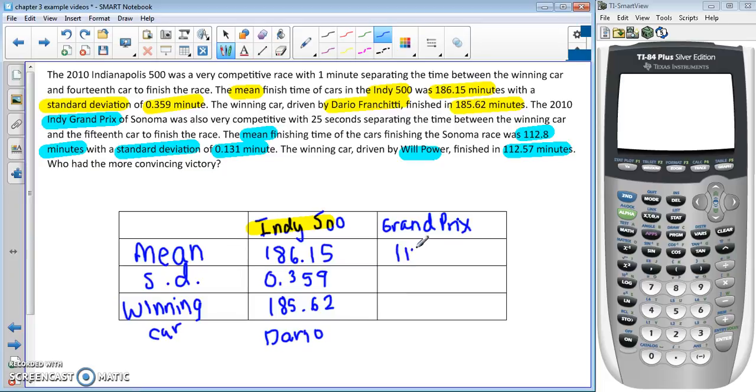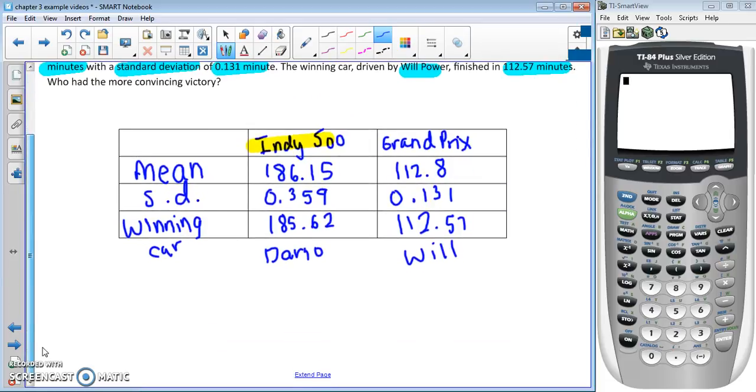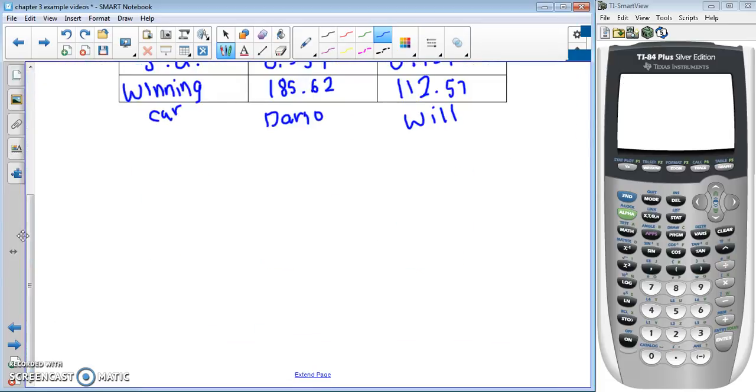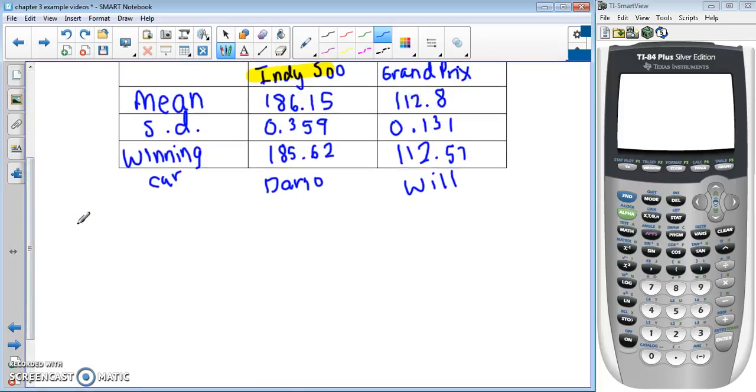So our mean here is 112.8, and the standard deviation is 0.131 minute, and then his time was 112.57. So let's look at their z-scores. So let's recall what a z-score is. The z-score is the data value, in this case x, minus the mean.